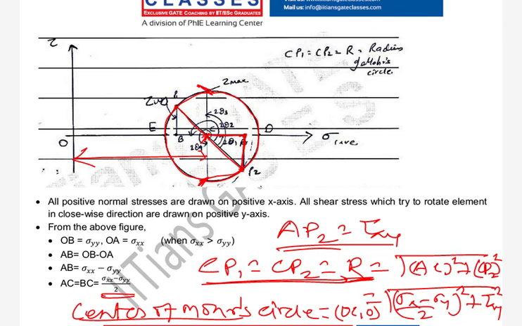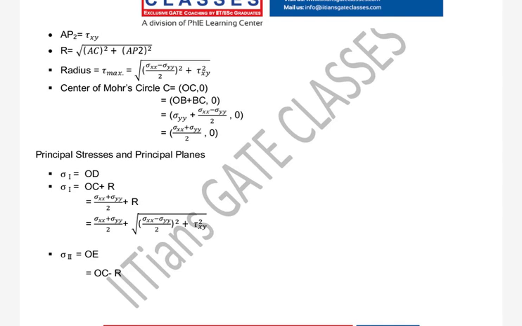Right? Now tell me what is the OC? OC is OB plus BC. What is your OB? It is sigma y.